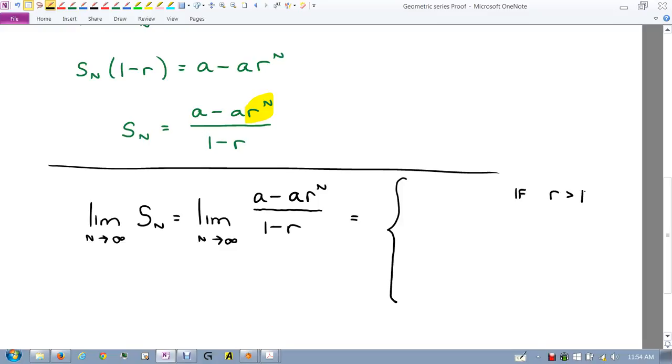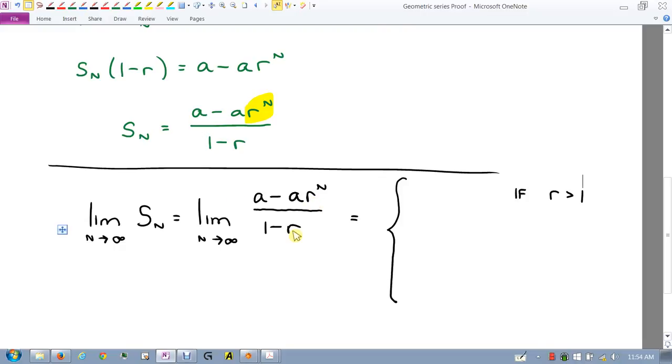What happens here if r is bigger than 1? This is a negative, right? But what happens to this piece right here? If it's bigger than 1, it's going to go to infinity, right? And that means your numerator is going to blow up.